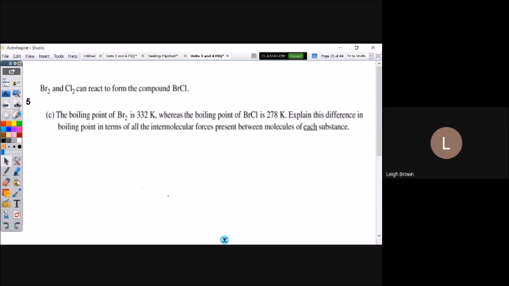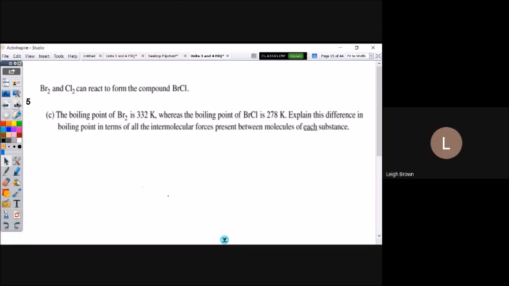Okay, so this is interesting. The AP exam likes to give you data, and you have to explain the data. Okay, so the boiling point of bromine is 332. Whereas the boiling point of BrCl is 278. Explain this difference in boiling point in terms of all the intermolecular forces present between molecules of each substance.